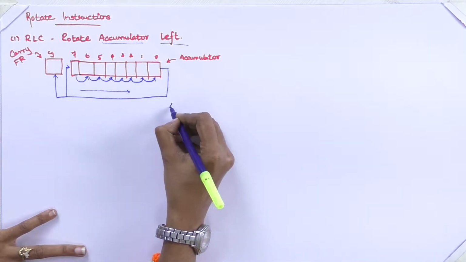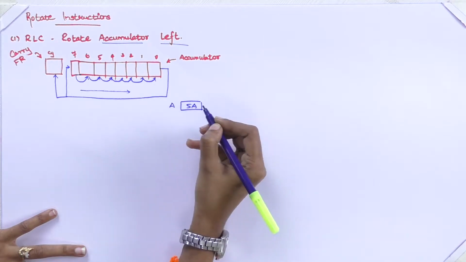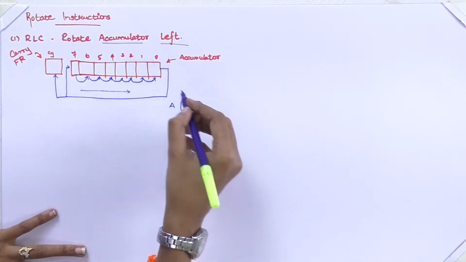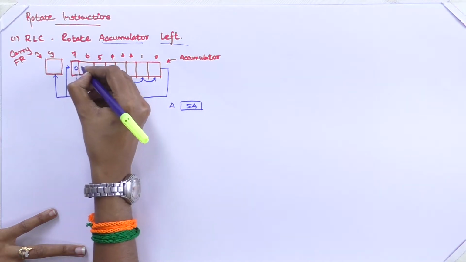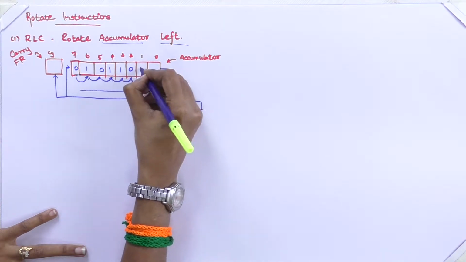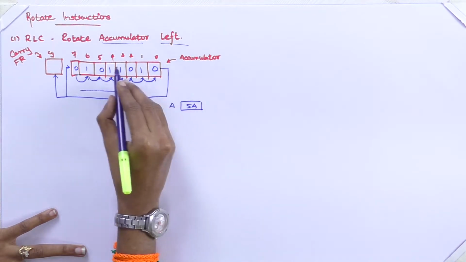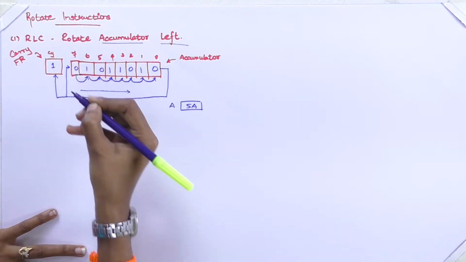So consider that the accumulator is having the value 5A. What's the binary value for 5A? 5 is 0, 1, 0, 1, and A is 1, 0, 1, 0. So this is the value in the accumulator, and assume that carry is having the value of 1.